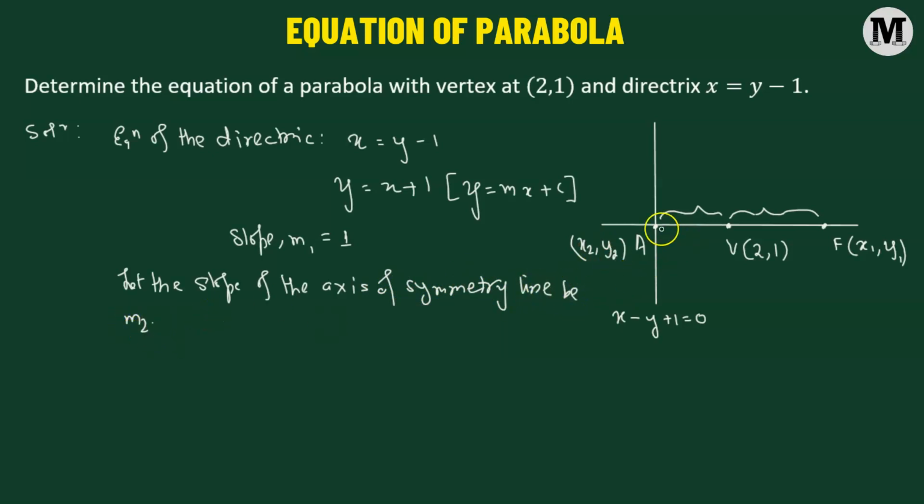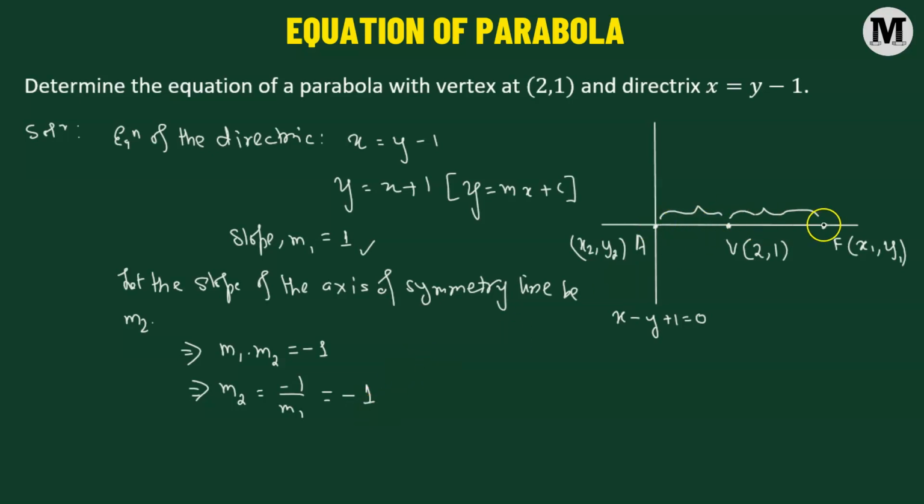Since the axis of symmetry line and the directrix line are perpendicular to each other, from the properties of straight lines, the product m1 times m2 must be equal to -1. And since we already have the slope of the directrix line, the slope of the axis of symmetry line will be equal to -1 divided by m1, and we have already stated that m1 equals 1. So the slope of the axis of symmetry line is going to be -1.